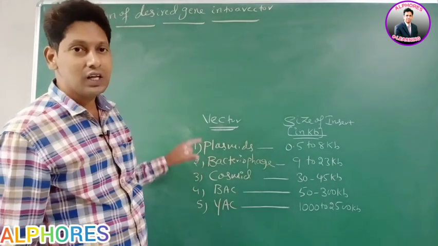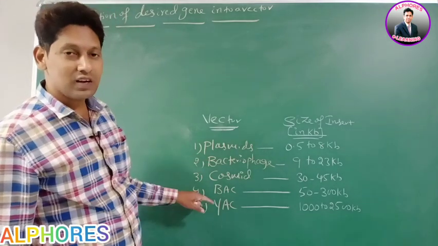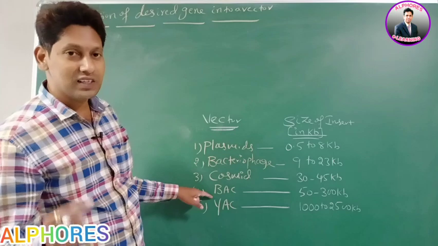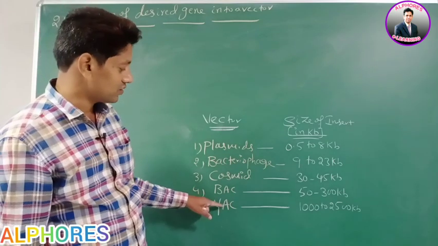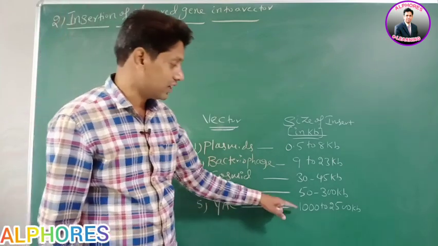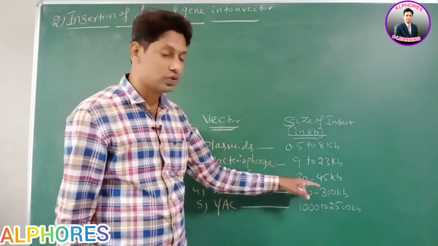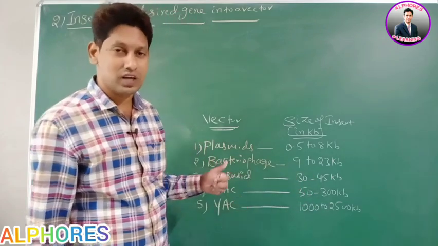Now you tell me, sir, which vector is used if the insert size is very large? Yeast artificial chromosome, because your insert size is 1000 to 2500 kb. Is this statement okay?